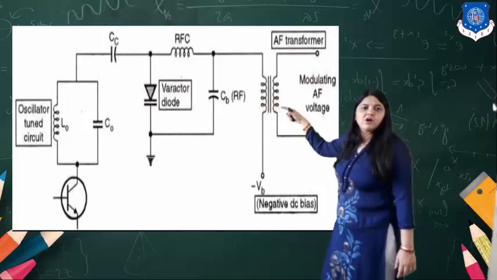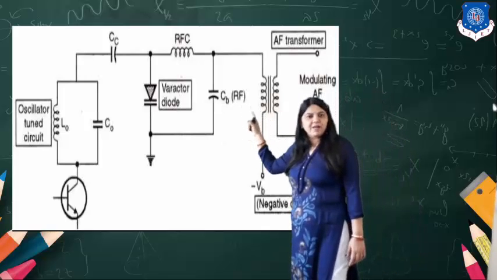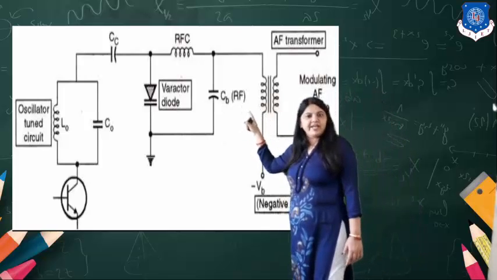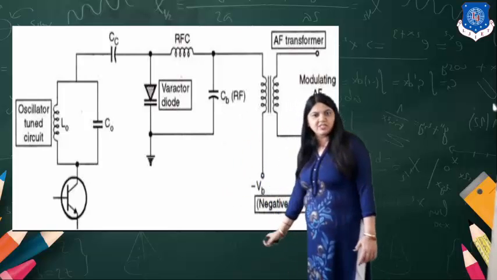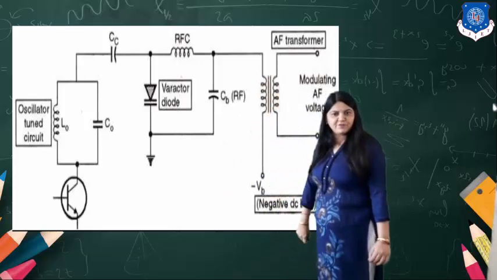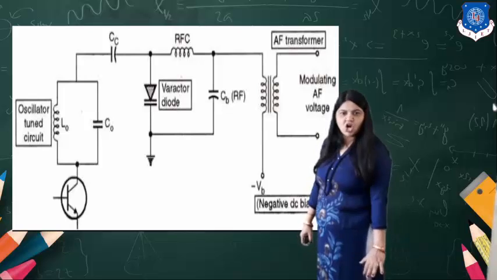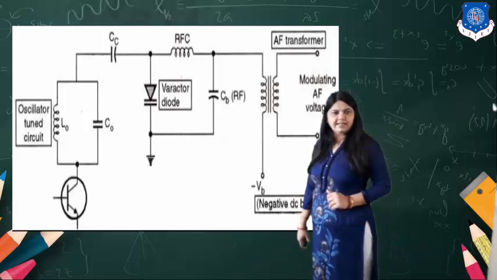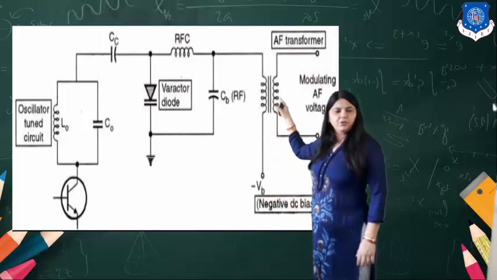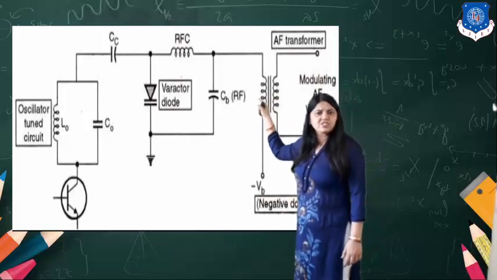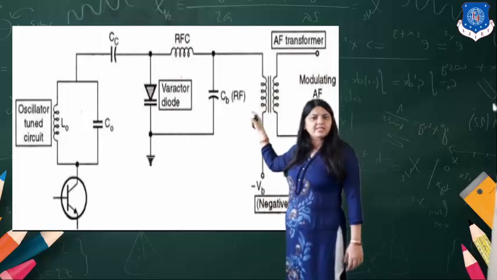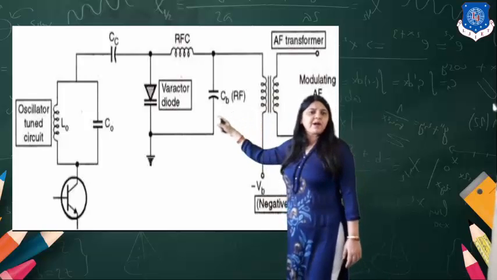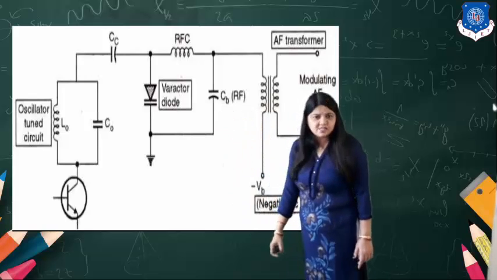What could be varied over here? The capacitance of the varactor diode can be changed. Over here the RFC, the radio frequency choke, is there. Now here you can see that this change in the capacitance of the varactor diode is in parallel with the tuned circuit.